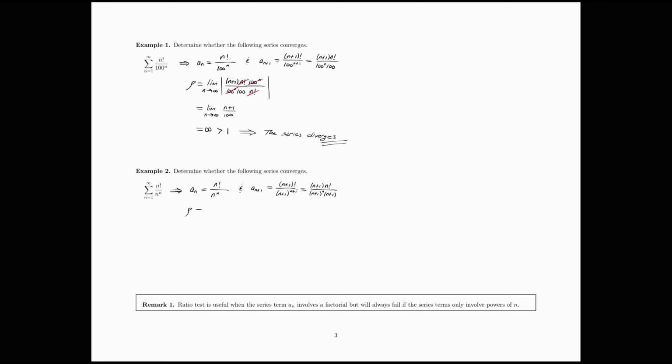Then, for the ratio test, we examine the limit of the absolute value of a sub n plus 1 all over a sub n. So a sub n plus 1, you can write that in. And then we'll divide by a sub n, so since this is a fraction, we'll just reciprocate and multiply.